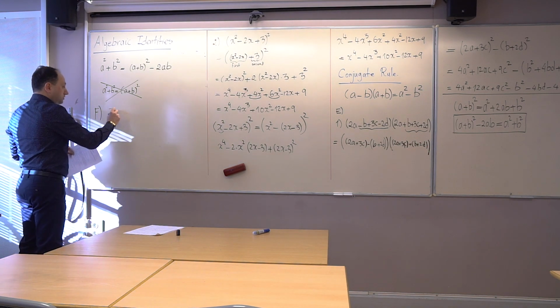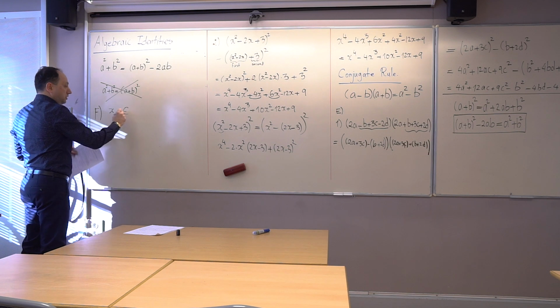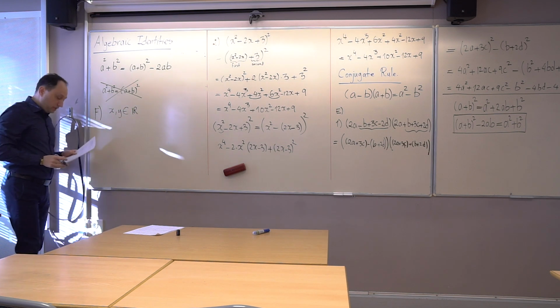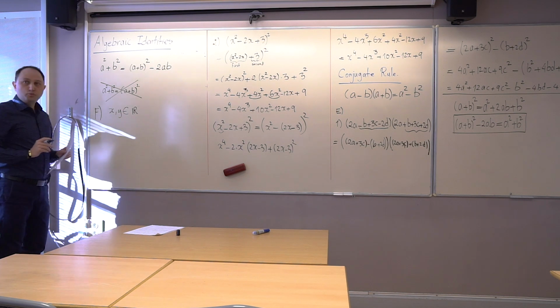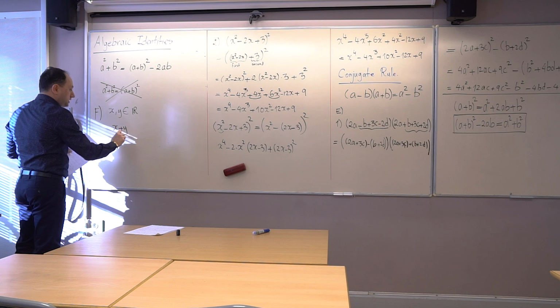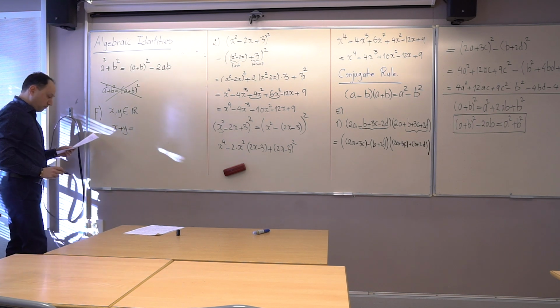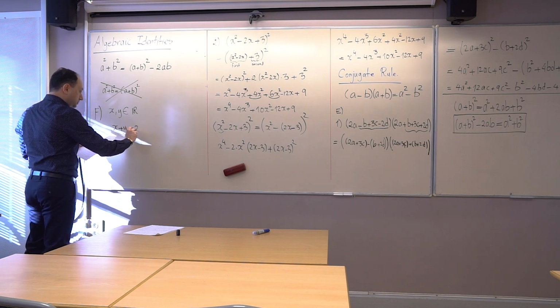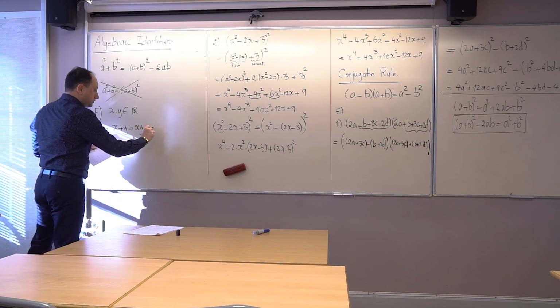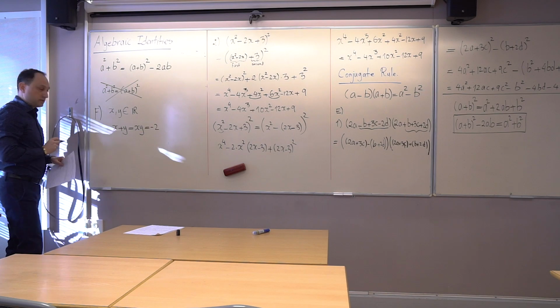So in mathematical language, x and y belong to the set of real numbers. Yes? x and y are real numbers. And we know two pieces of information about them. We know that the sum of these two numbers is equal to the product of the same two numbers, and it is equal to negative 2. We know that. Yes, we know.